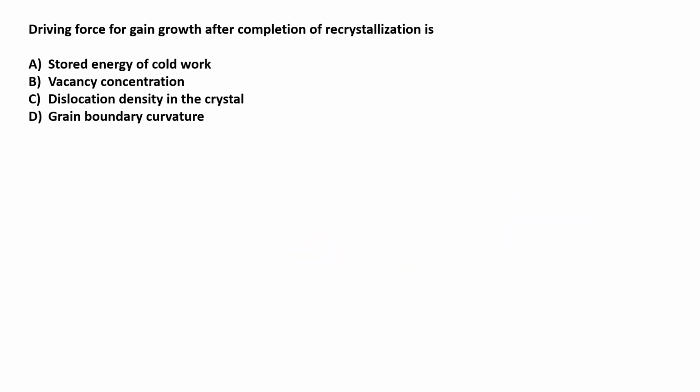Next, driving force for grain growth after completion of recrystallization. So here the recrystallization has happened, right? What are the steps before recrystallization? We have the cold work material, then we do the heating.